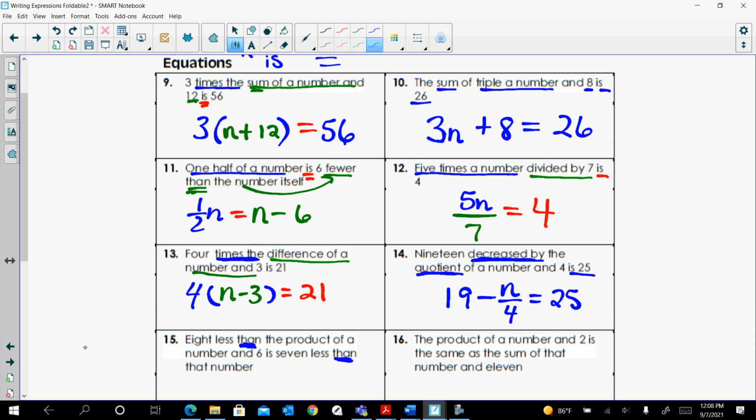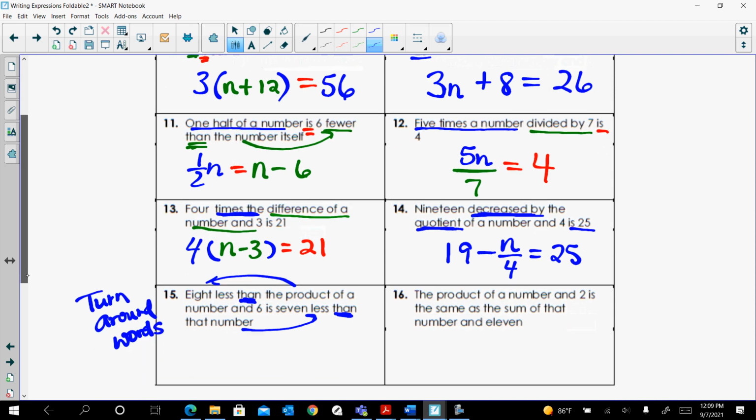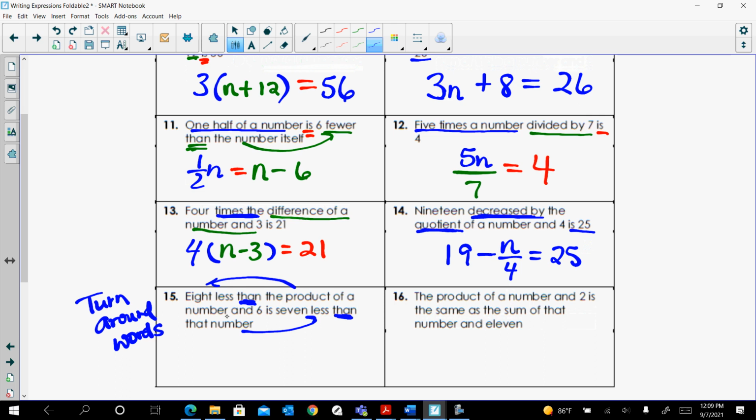You have turnaround words. So we're going to turn around. So we got to turn around 8 less than the product of a number and 6, sorry. So we're not writing the 8 first. You're writing 6n minus 8. And then is would be your equal sign.